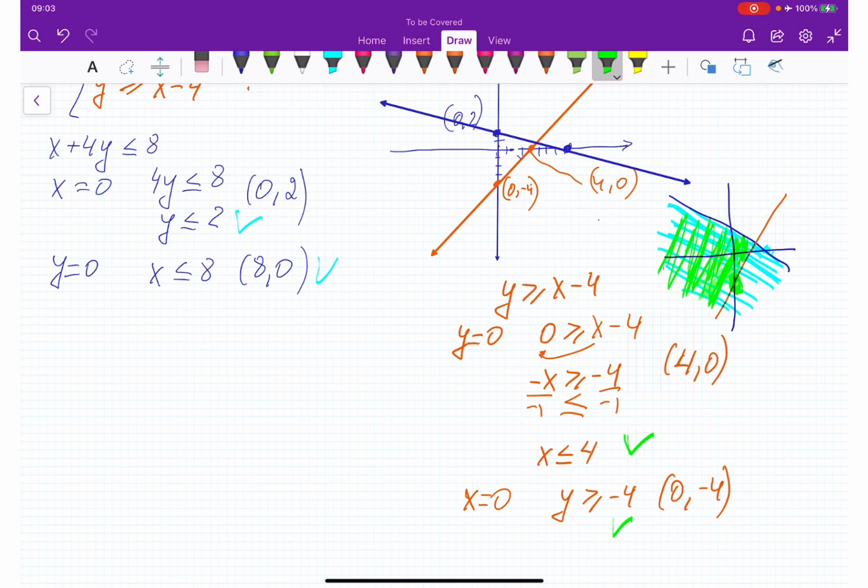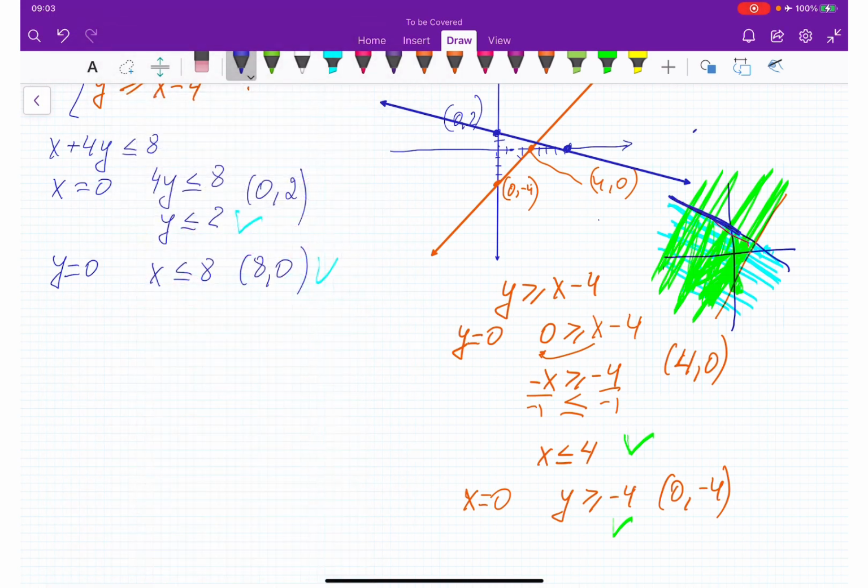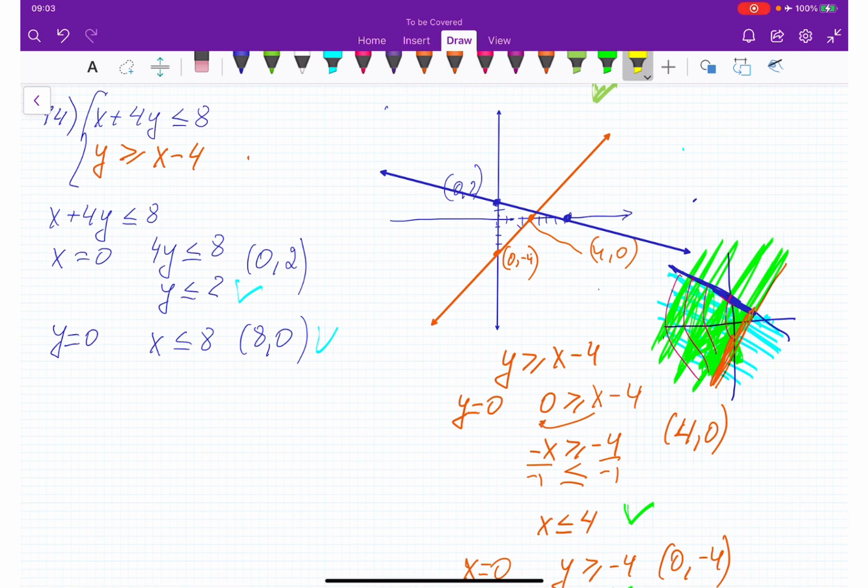And greater than or equal this way, so it's going to shade this way. So which part is overlapping? It's this one. Let me make it thick. This and this. Yes? And this is going to be the overlapping area. This is going to be the answer. So I'm shading. And this is going to be our solution.